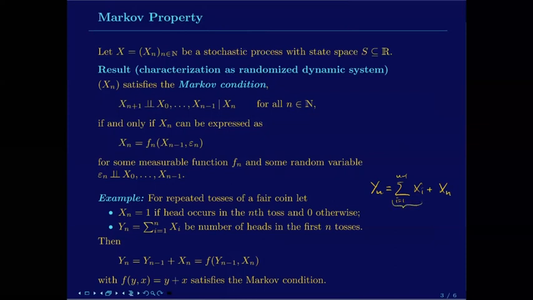Now this here is Yn-1, and in that way we have an alternative representation of Yn as a function of the most recent value and Xn. Since the Xn are independent identically distributed, Xn is independent of the complete past of the process, and thus Yn, with this representation, satisfies the conditions for the characterization as a randomized dynamic system, and we conclude that Yn is a Markov process. It satisfies the Markov condition.